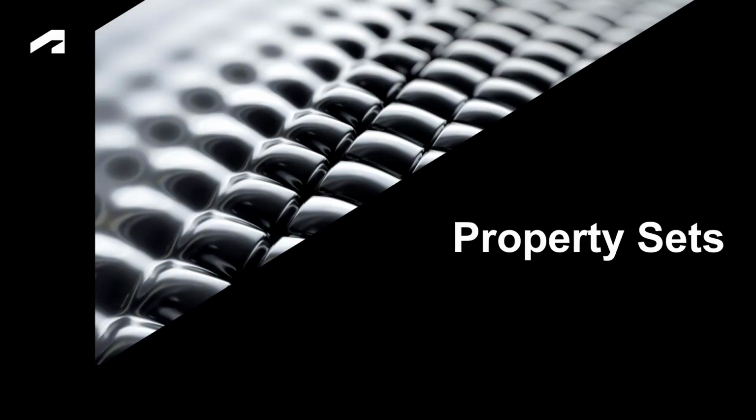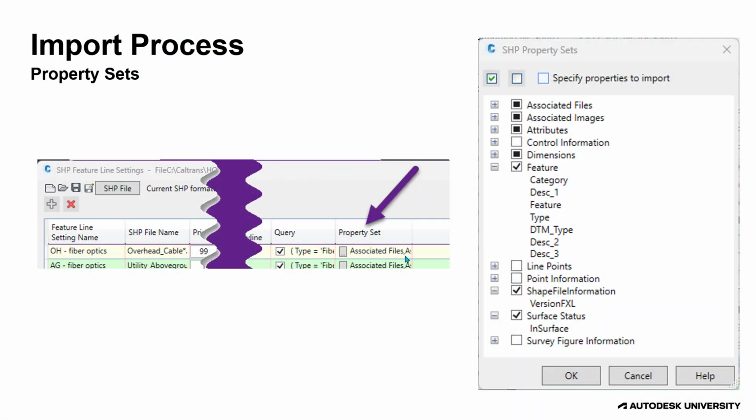So as it's bringing in the data, it's going to add it as property sets. And those property sets are based on what information is being brought in. If I click on the property sets dialog box or button here, it's going to open up the shape property sets dialog box where I can see what type of property sets it's going to import in.